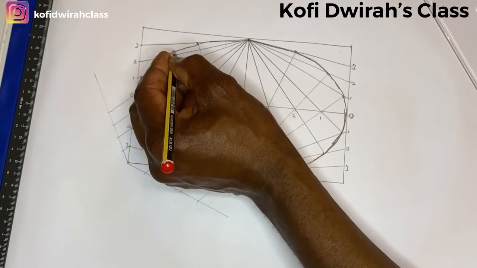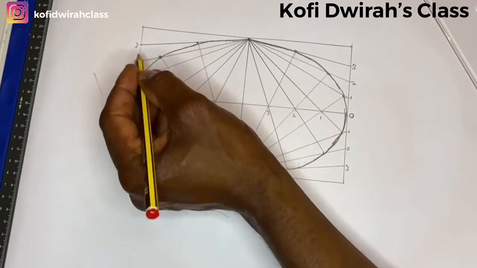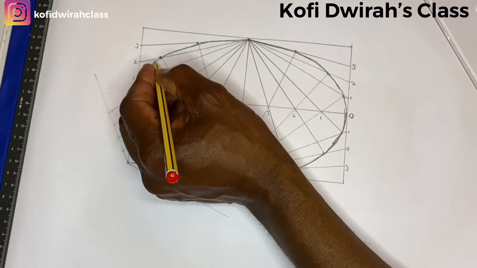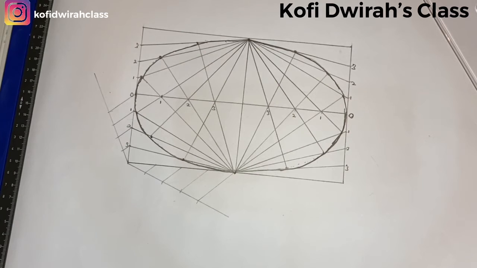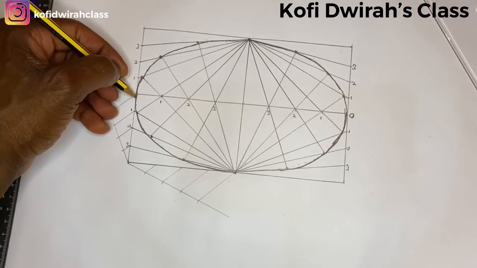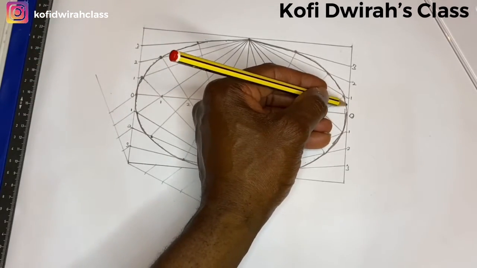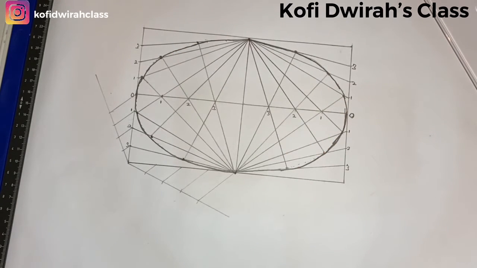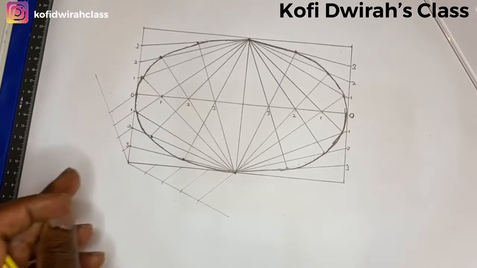We have our ellipse, and this is always drawn with a free hand without an instrument. So you have to be careful. This side should have some curve here like this. You have to be careful to get this point to go.